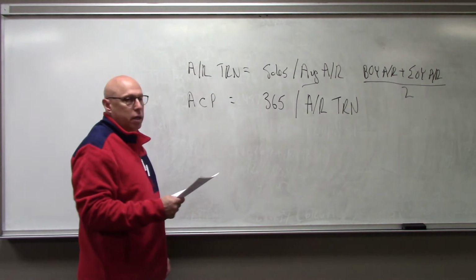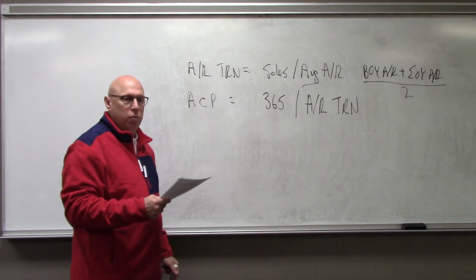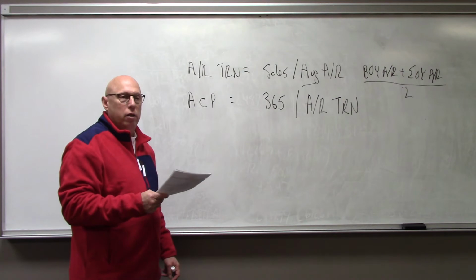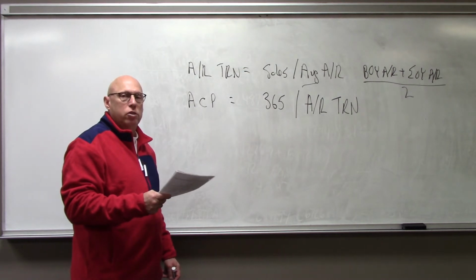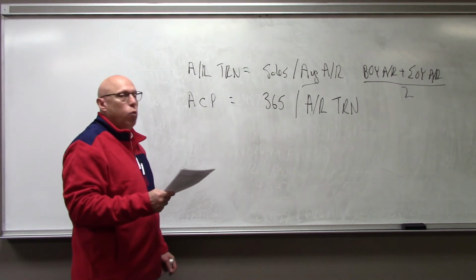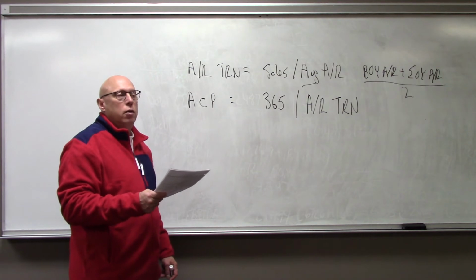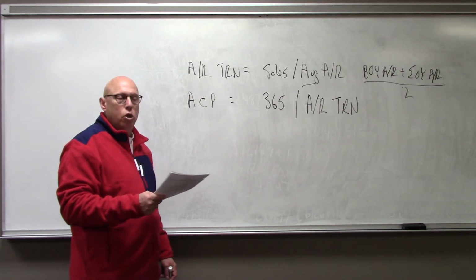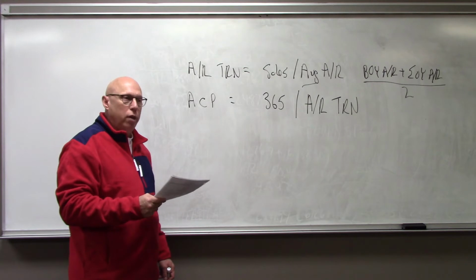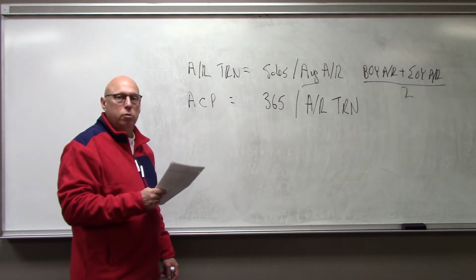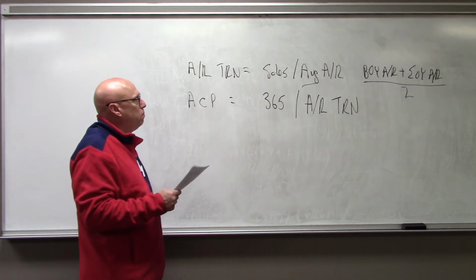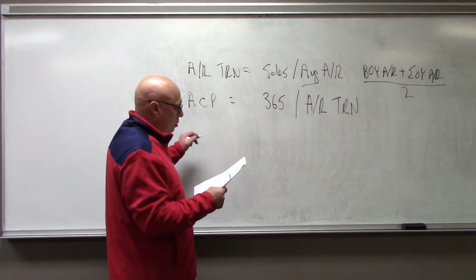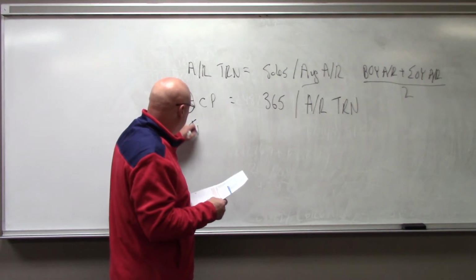How long does it take us to collect those receivables? And we want to hit a nice balance. We don't want those receivables outstanding for too long, but we don't want to make it too short because we might turn away some customers who might go to another supplier who gives them easier terms, longer time to pay.